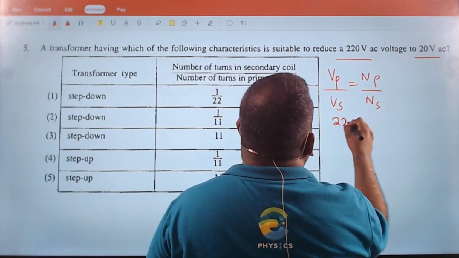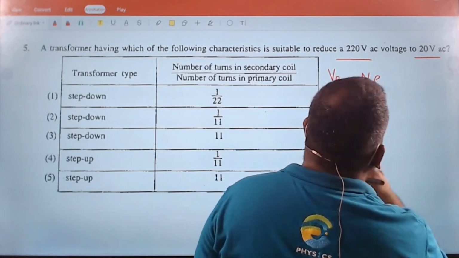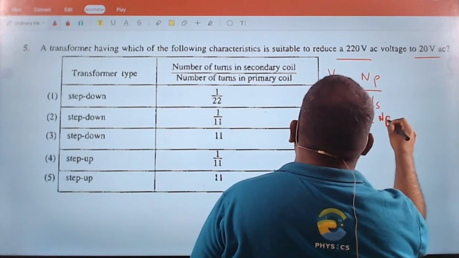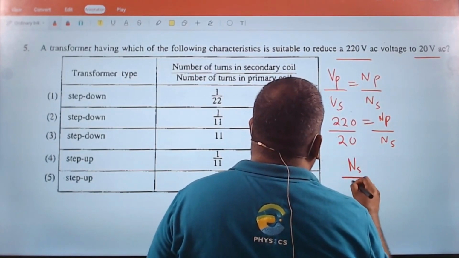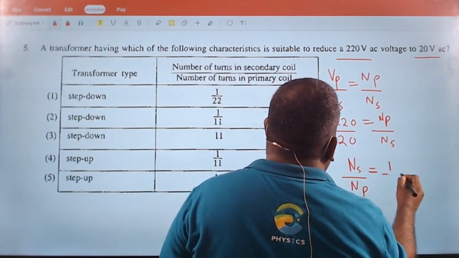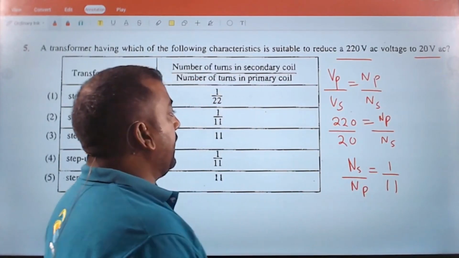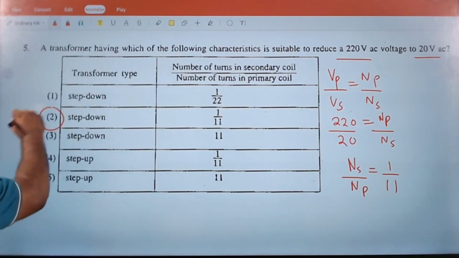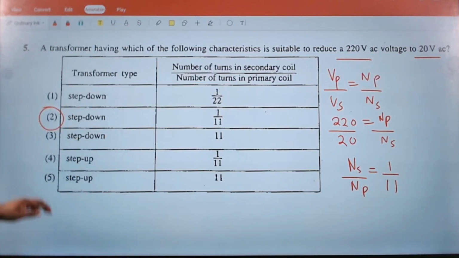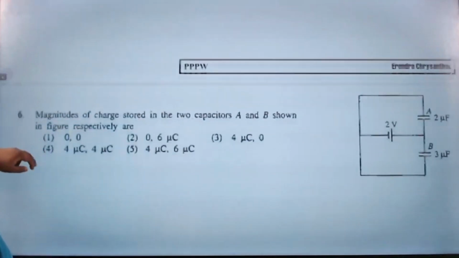Primary is 220, secondary is 20. Ns over Np will be 1 over 11. So step down transformer, 1 over 11. Correct answer is answer number 2.